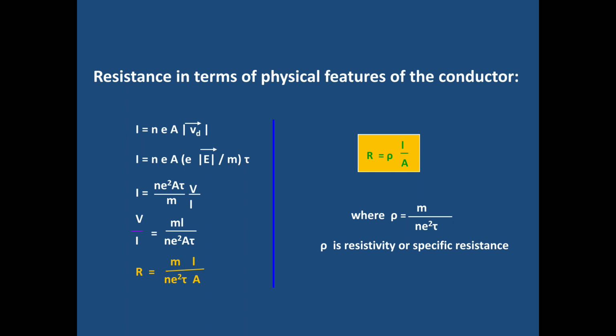So rho depends upon the number density and relaxation time. Number density depends upon the nature of material, and tau, the relaxation time, depends upon the temperature. So rho is called the resistivity. Another name is specific resistance.